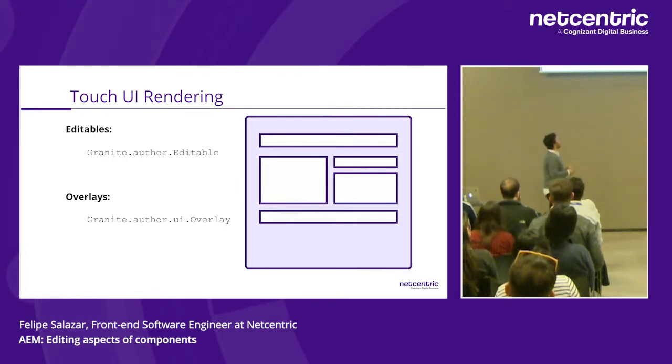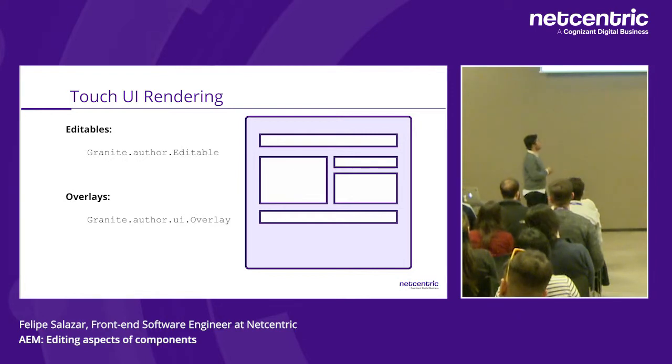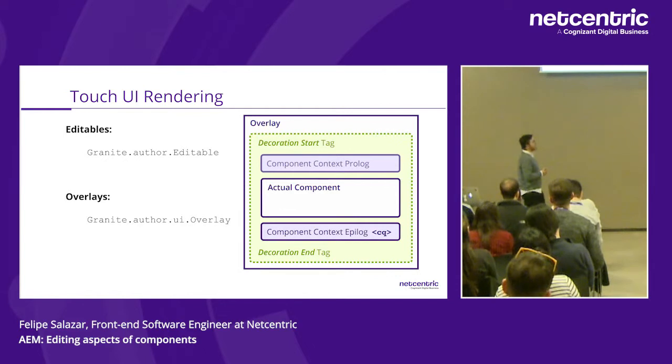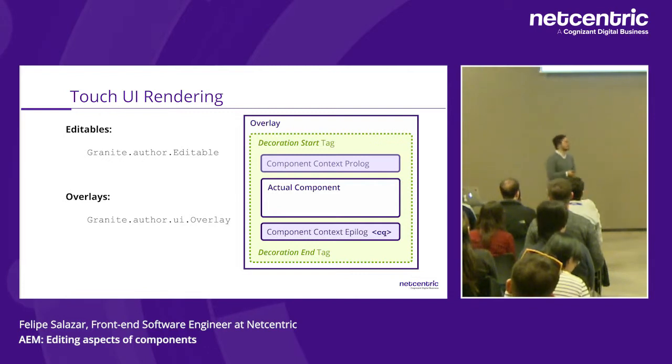Every editable has an associated overlay, and this overlay is the blue line that we already showed. This is very important to solve our first issue that we mentioned, that the overlay sometimes disappears or has wrong sizing or position. This is very common.